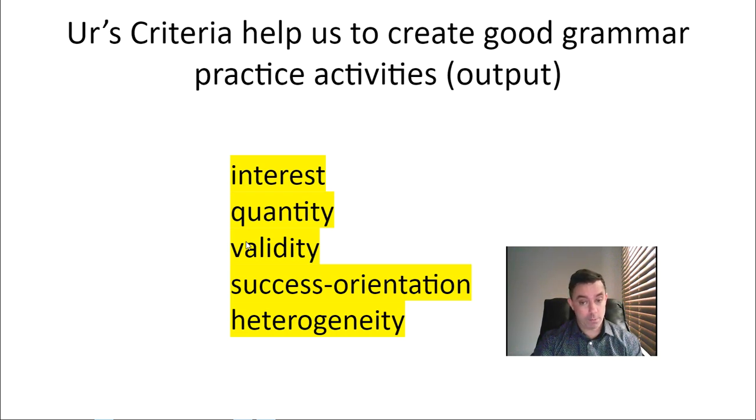So, for example, if you think that your practice is present perfect practice, and so you say, have you been to Europe? Have you eaten sushi? Have you been doing this for a long time? Well, that last question is no longer present perfect. Now you have present perfect continuous. Have you been doing? Right?